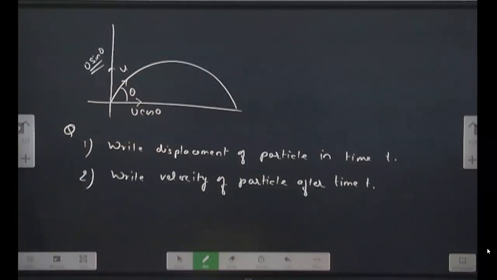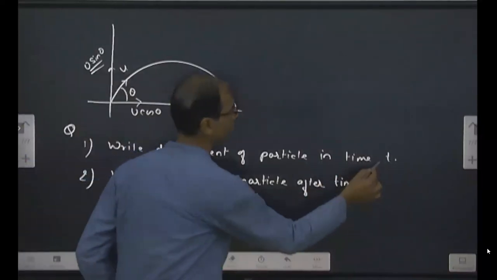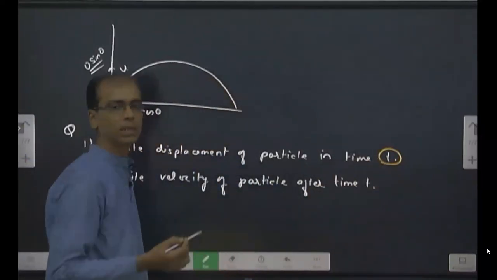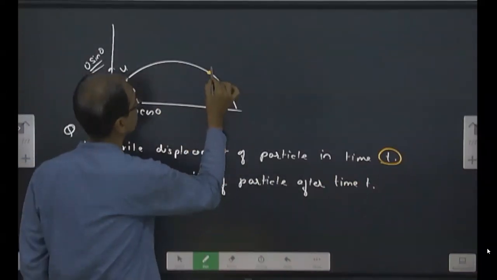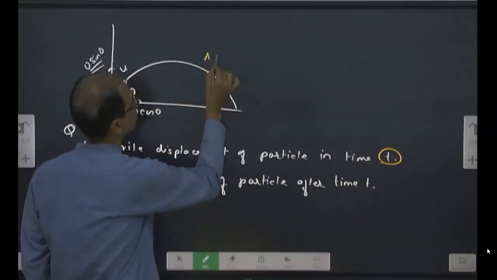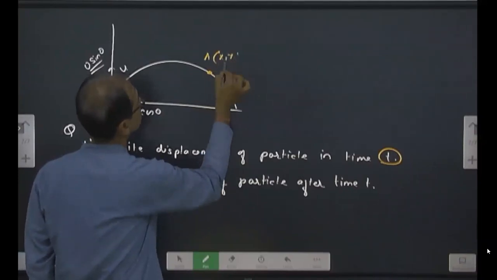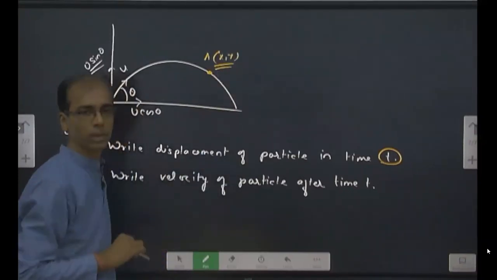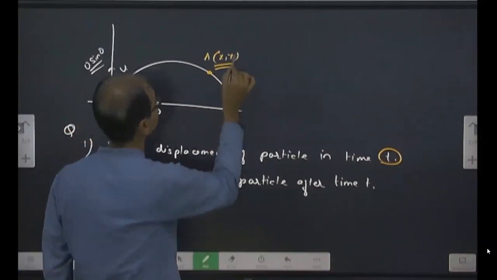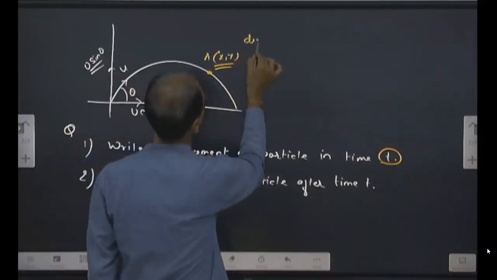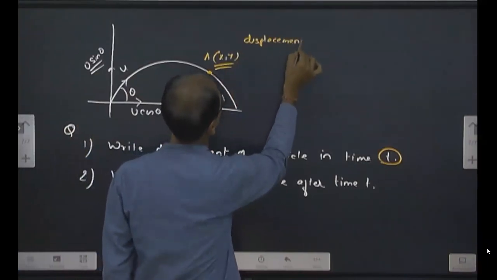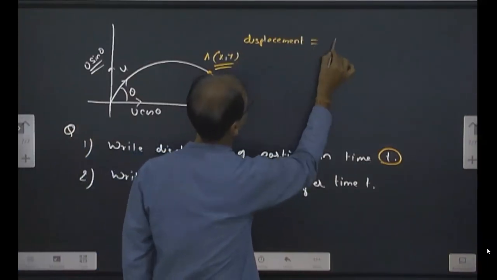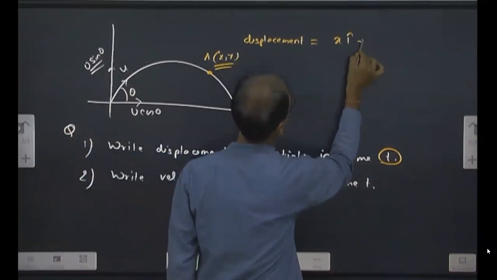Okay. See, after time t, this is not time of flight. It is any time t. So at any time t, maybe our particle is somewhere here, let's say. So its coordinates will be x and y. So when you have to write the displacement, it always means x i cap plus y j cap.